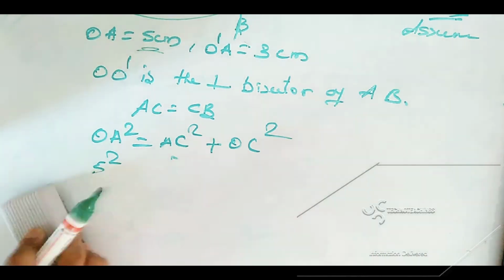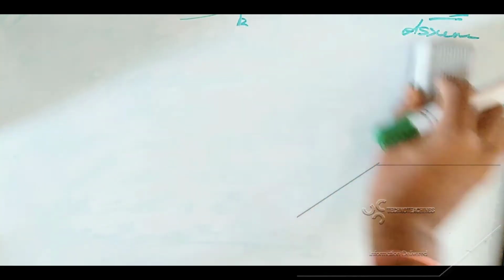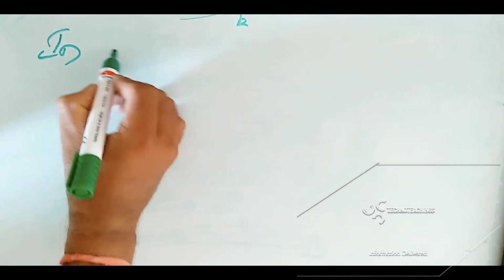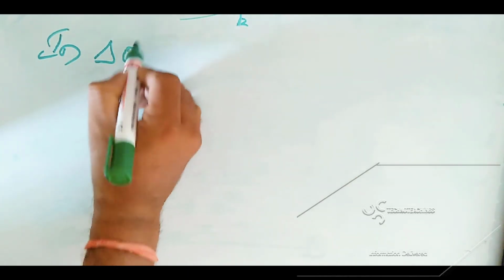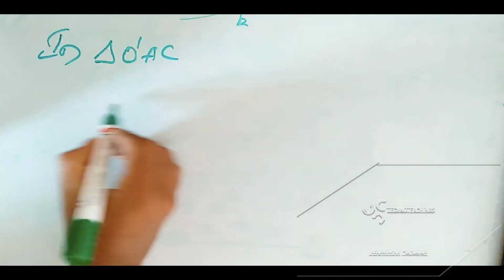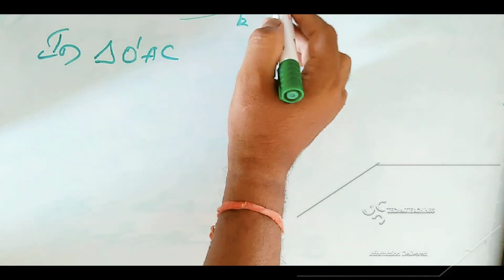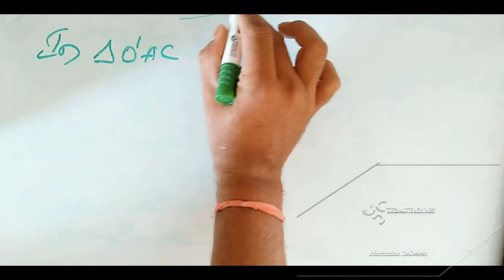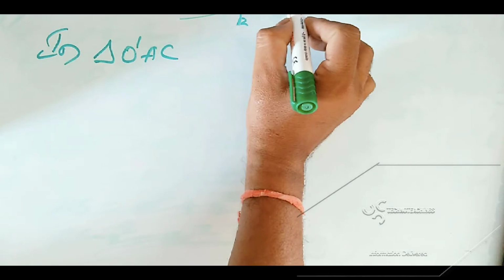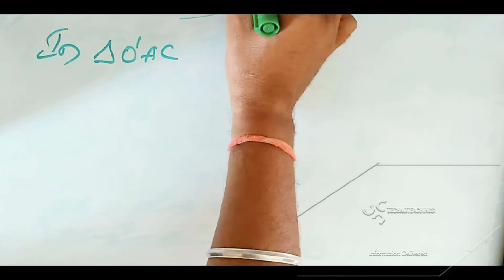And moving forward, in triangle O dash AC, I'll use the Pythagoras theorem for this part of the triangle.